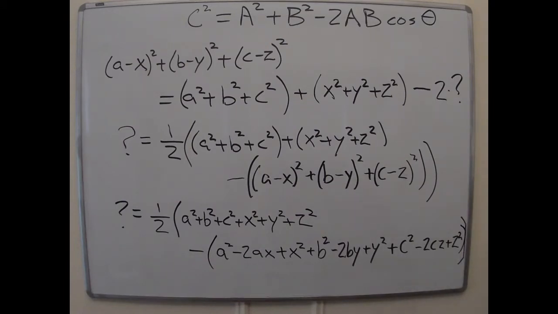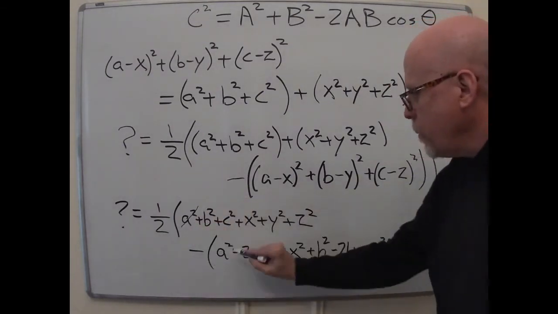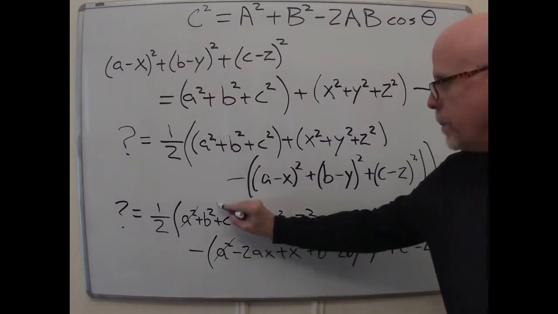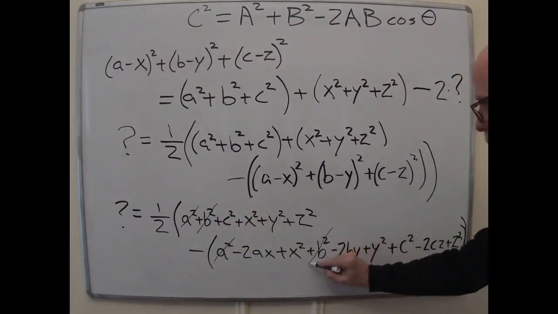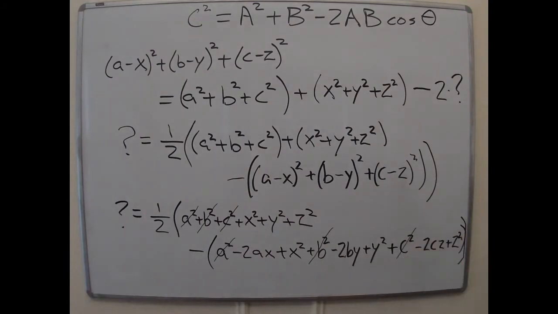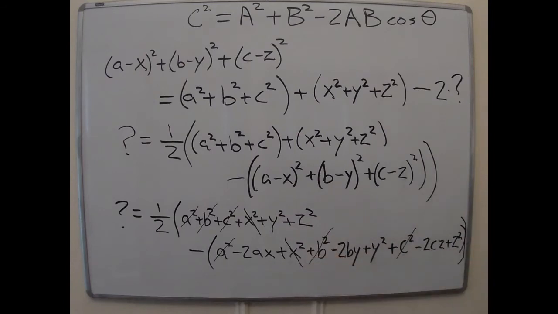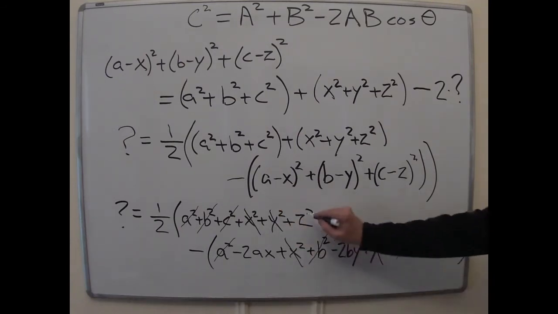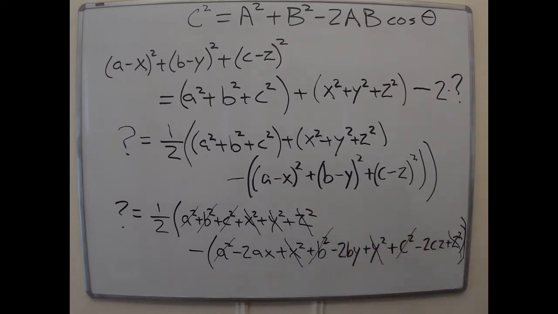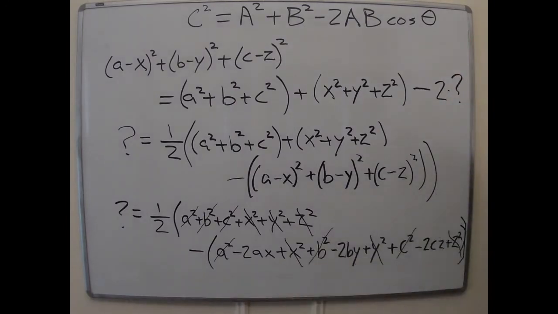You see what survives? There's an a squared, but down here we're subtracting an a squared. B squared, we're subtracting b squared. C squared, subtracting c squared. X squared, there's x squared. Y squared, we're subtracting that somewhere too. Here it is. And z squared. So the only things that remain are minus 2cz, minus 2by, and minus 2ax.